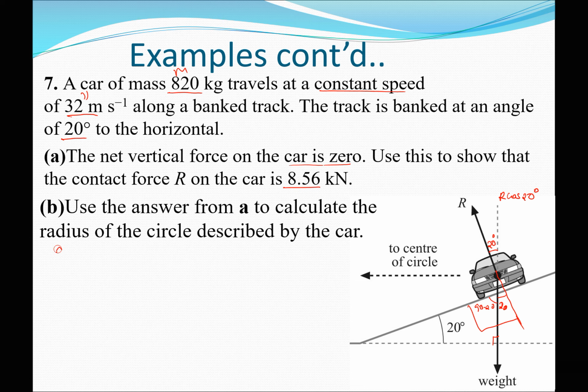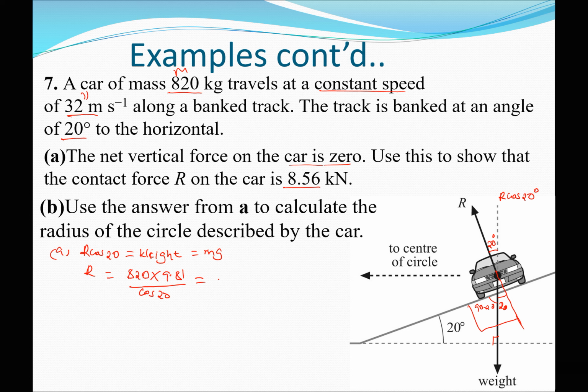Okay, so in part A, I will have that R cos of 20 is going to be equal to the weight, which is mg. So R is going to be the mass, which is 820, times g, which is 9.81, divided by cos of 20.